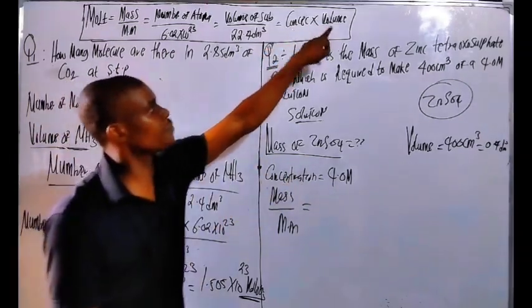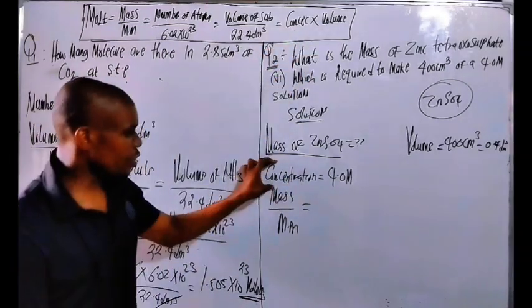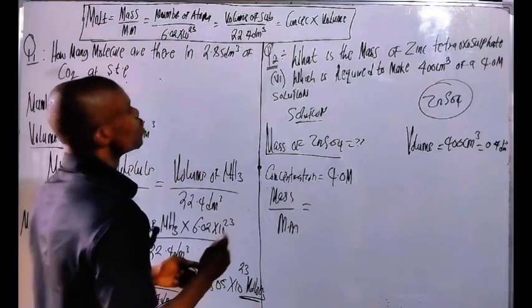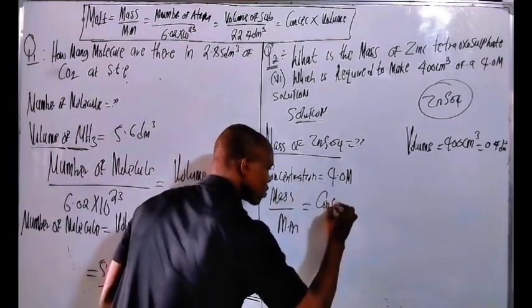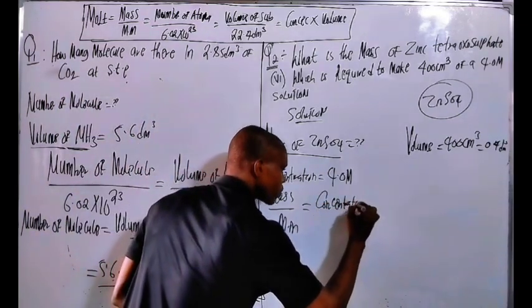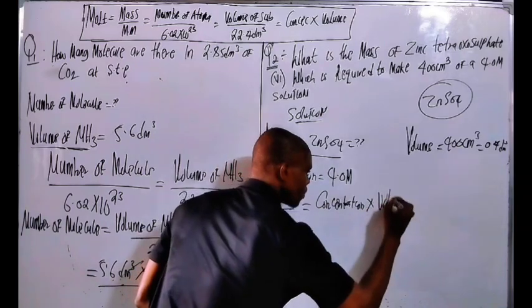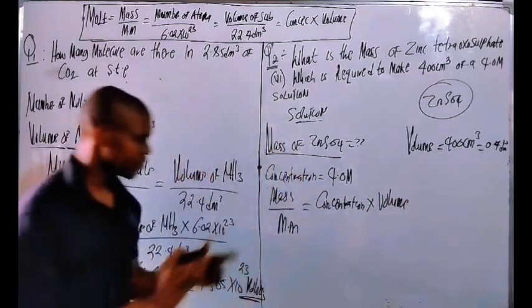Which concentration? Volume. So you know this one here, we know this one here. So it's going to be concentration times volume. As easy as that.